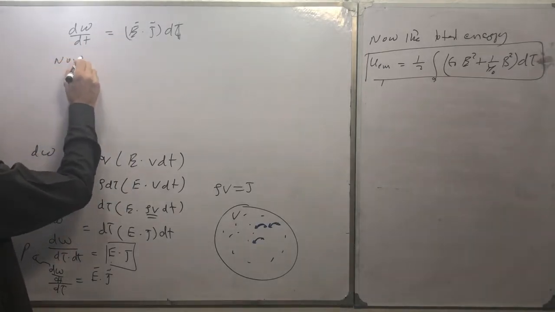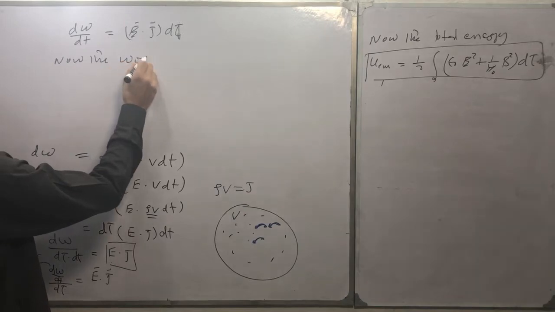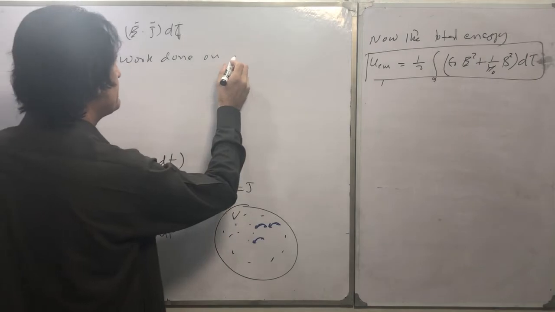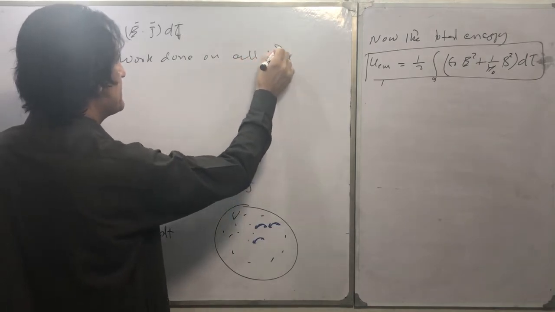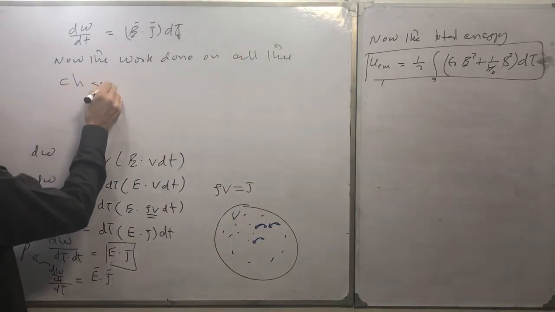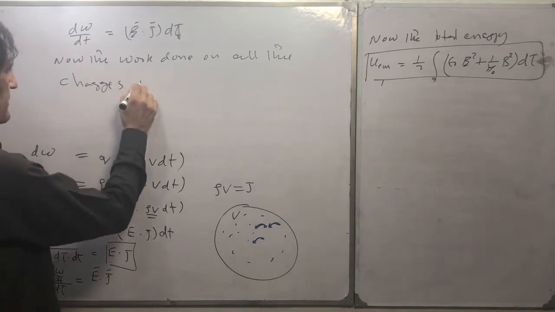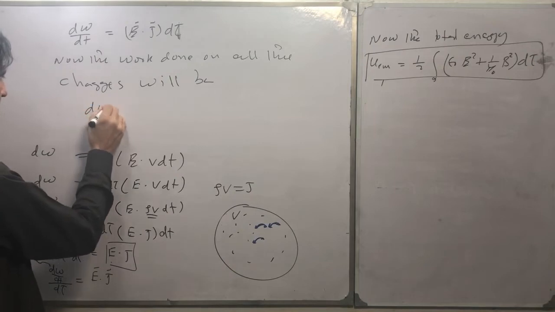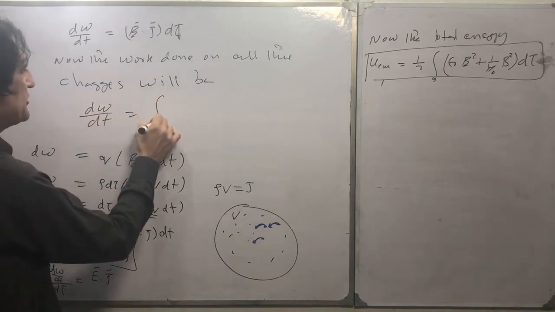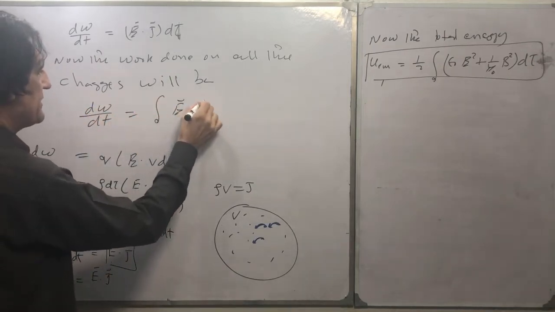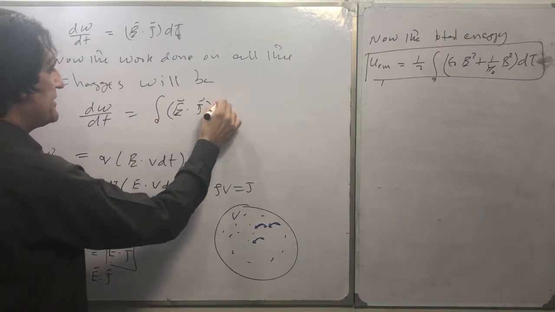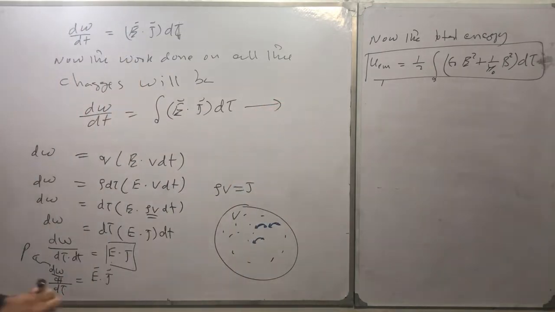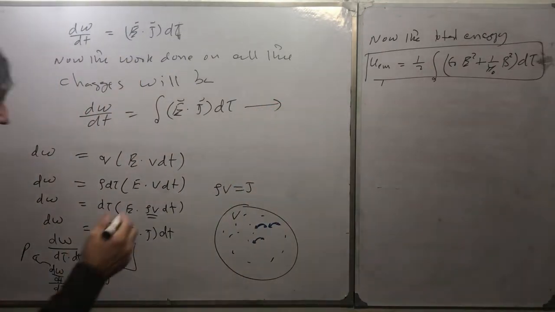Now the work done on all the charges will be the integration of E dot J d tau, and let's call this equation A.